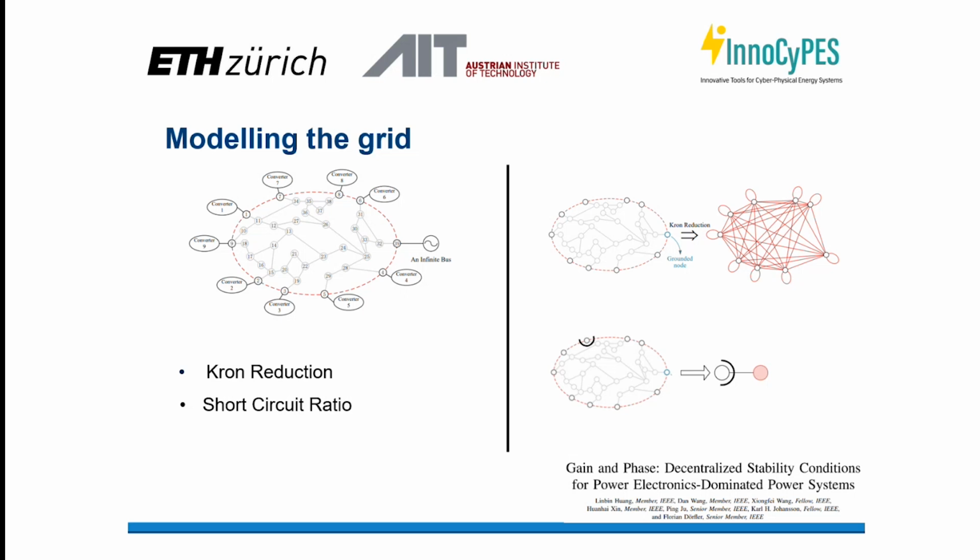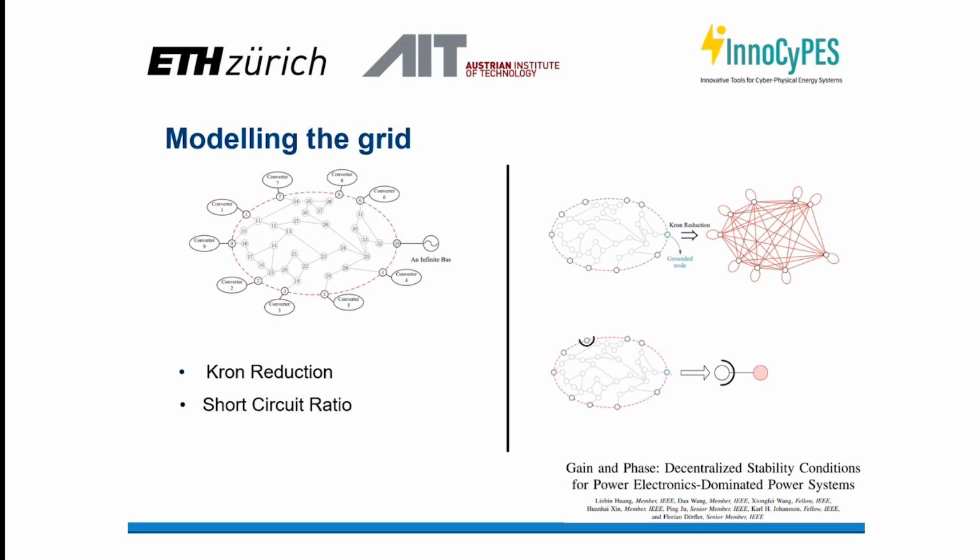So the Kron reduction actually keeps more information about the grid, while reducing the interior nodes, but is computationally heavy. On the other hand, the short circuit ratio keeps less information about the grid, but is a good index for knowing if the system will be stable.